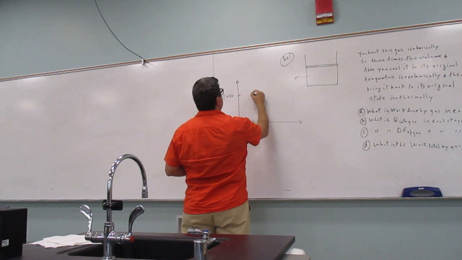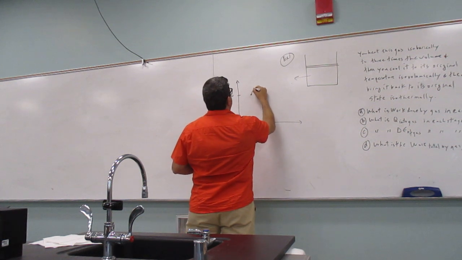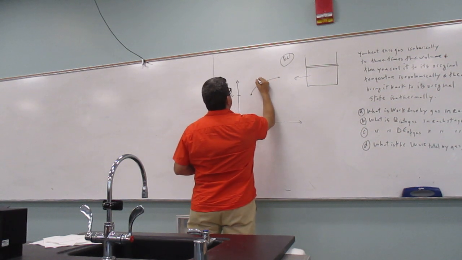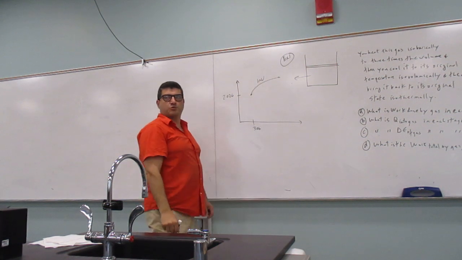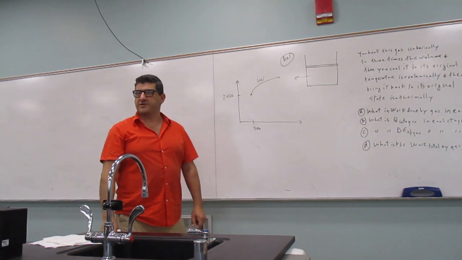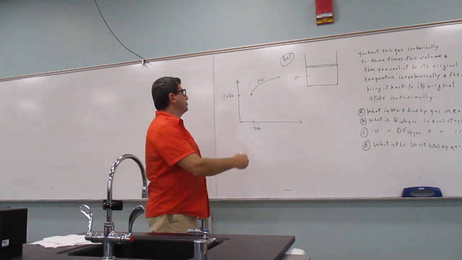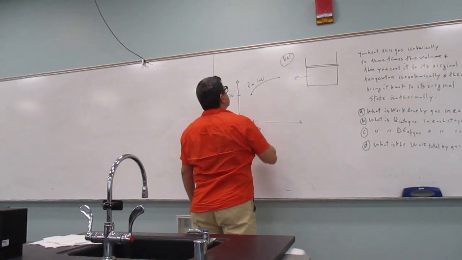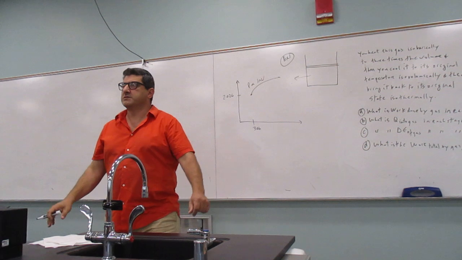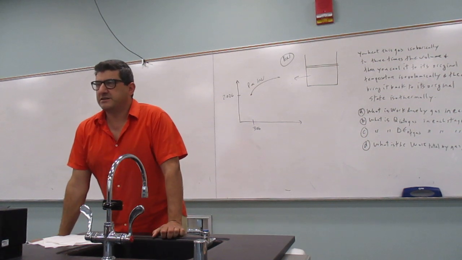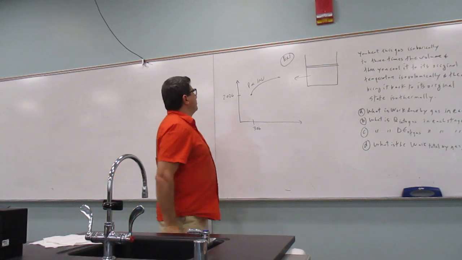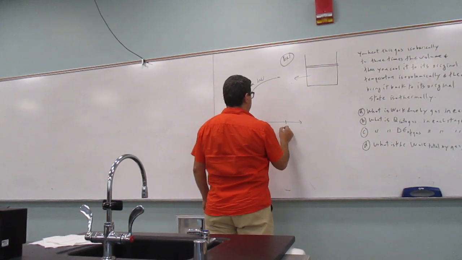How about if I go up like this as an ln function? Some weird behavior. P is proportional to any kind of function, you know. So it could be some variable until you get to 3 times the volume.